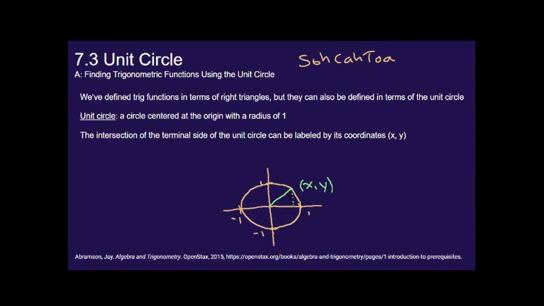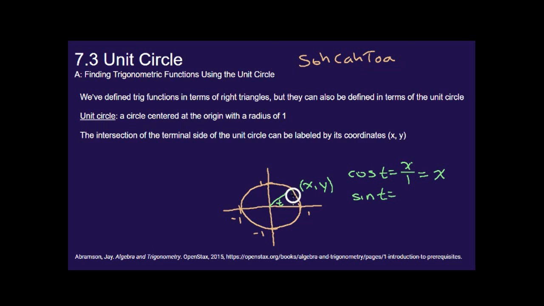And so what we see is that the cosine, let's call this angle t, cosine of t, cosine is adjacent over hypotenuse, so the adjacent would be the x, is x over hypotenuse, and because this is the unit circle, the hypotenuse is 1. So therefore the cosine of t is equal to x. Similarly, we can say the sine of t is opposite over hypotenuse.